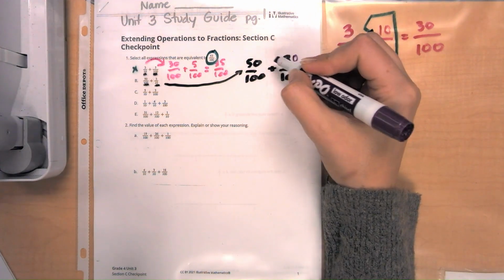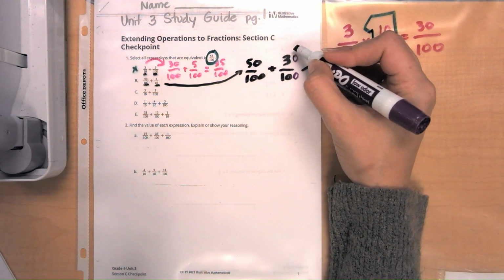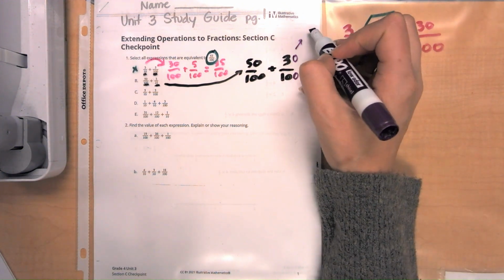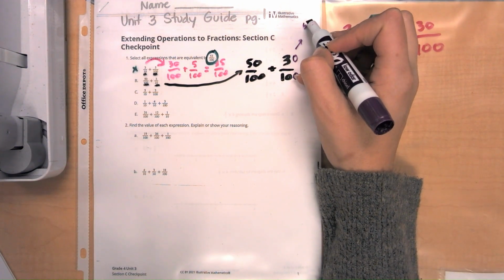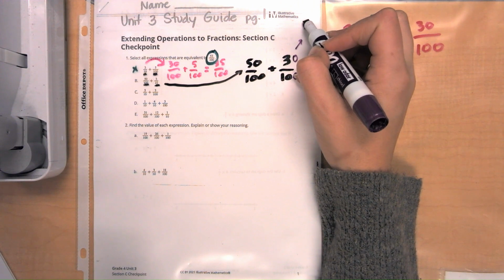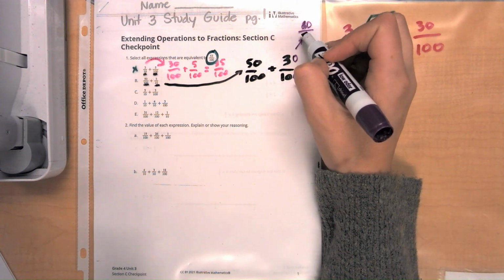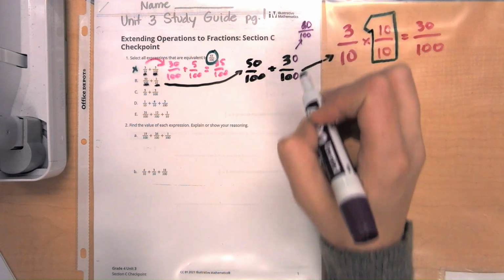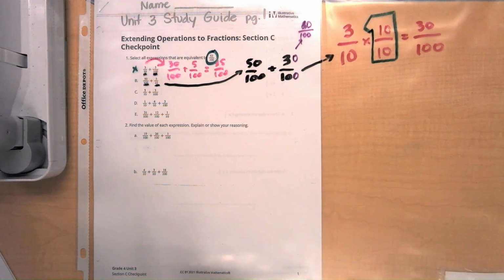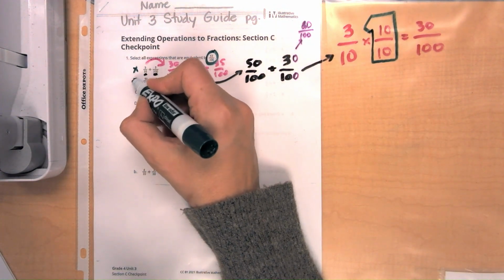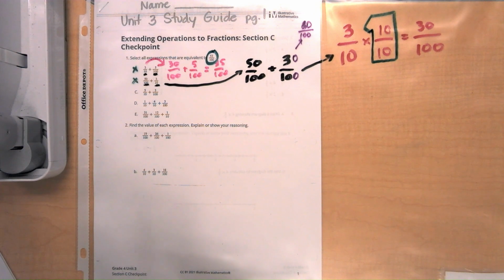Now that I have 50 100ths plus 30 100ths, I know that based on basic fraction addition, my numerators go together, so that gives me 80, and my denominator always stays the same, because remember, we're not changing the size of the piece, right? All right, so this is 80 hundredths, so that tells me that B is also not my answer.